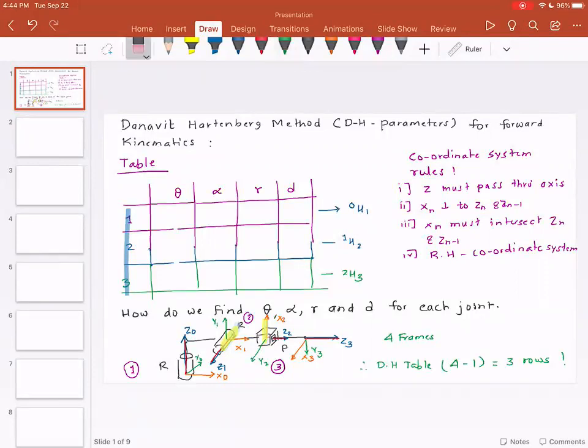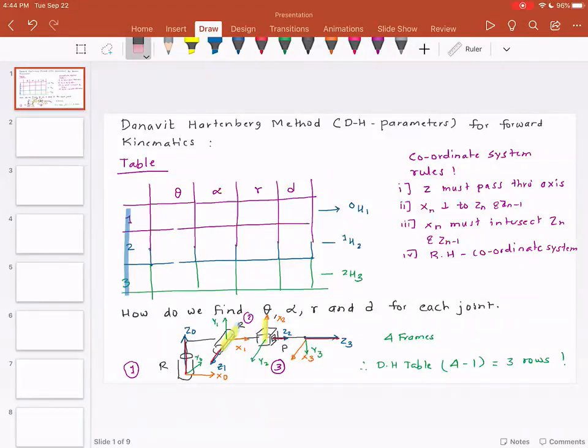Whenever you are trying to find out DH parameters, your number of rows should be equal to the number of joints, which is usually one less than the number of frames. Now, the question is: how do we find out theta, alpha, R and D corresponding to any robot? If you look at the robot that I have drawn, there are 3 joints.